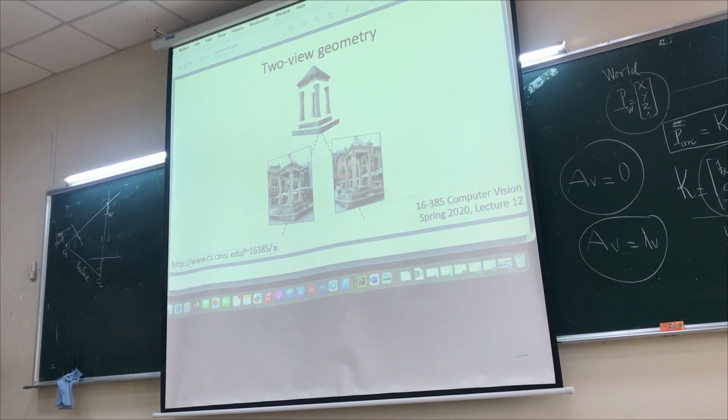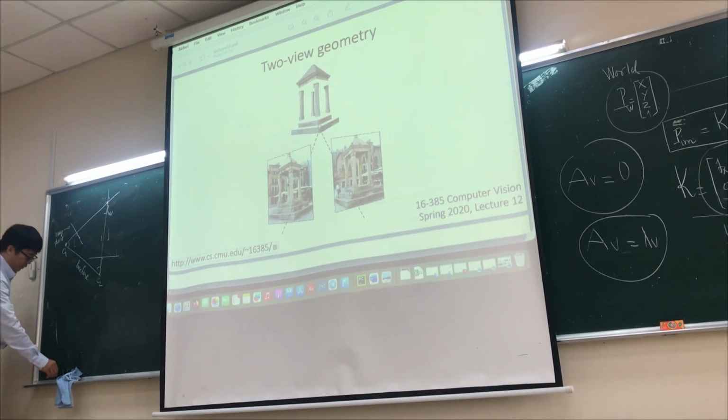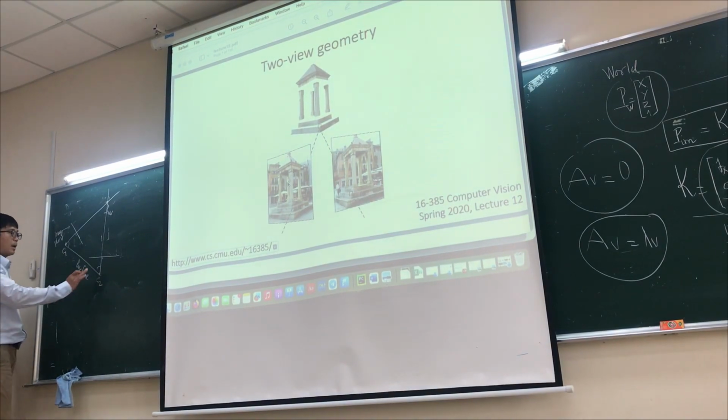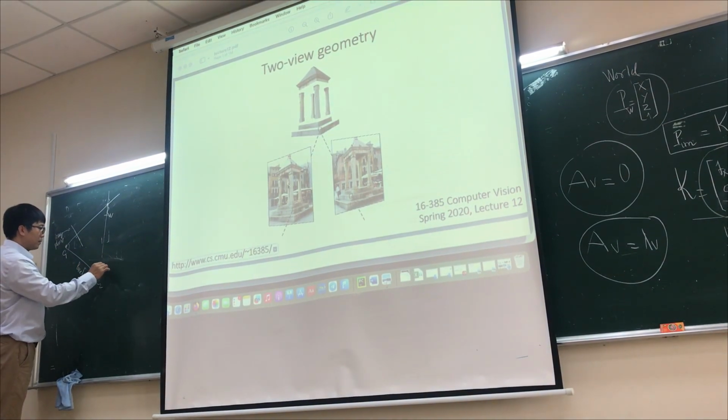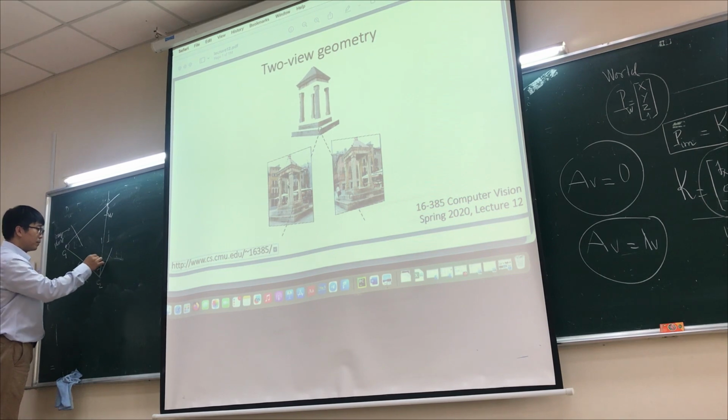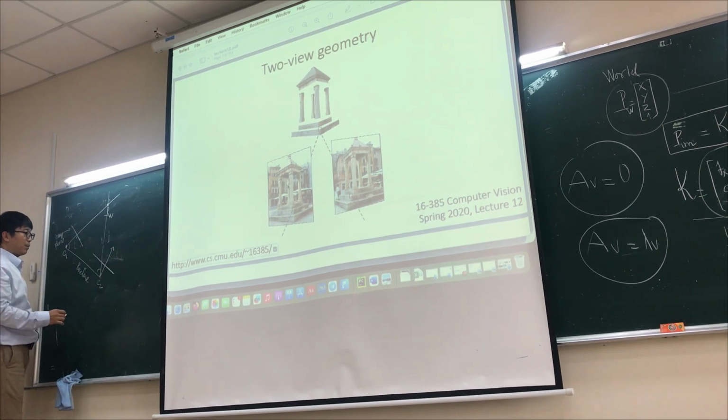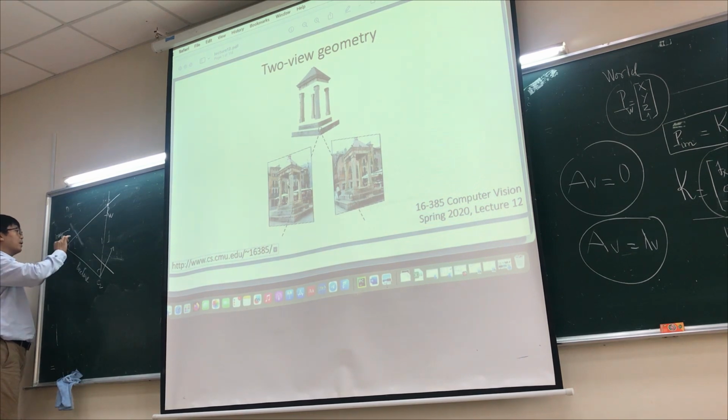But the question here is, if you know the camera is here with its image plane, and the other camera is here, with the principal point and image plane.